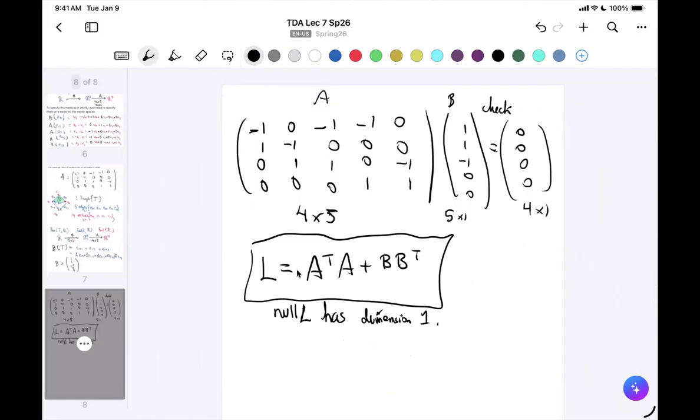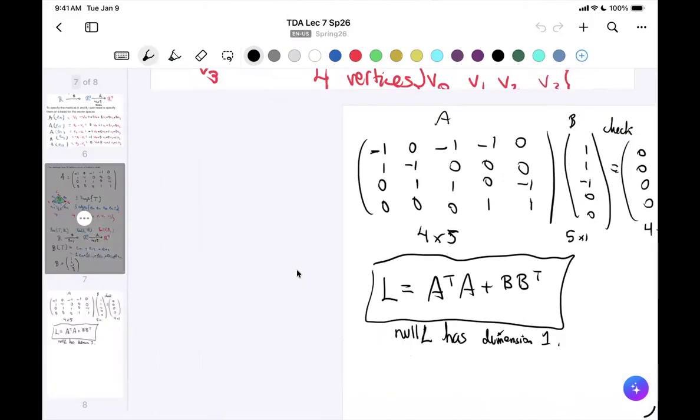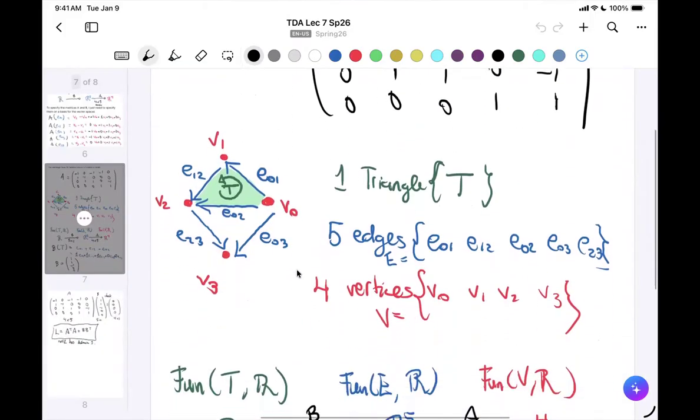Okay, so the question would be, what does it mean that the null space has dimension 1? What it means in this particular case of the simplicial complex is that if you think about it as a geometric thing, it has a hole here because I didn't fill out this other region with a solid triangle.